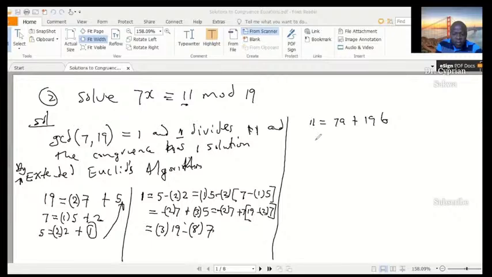What we have instead is 1 equals 3 multiplied by 19 minus 8 multiplied by 7.